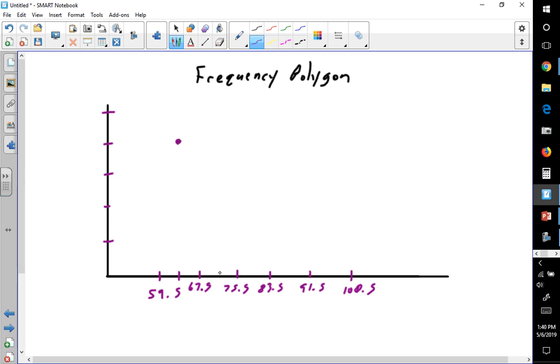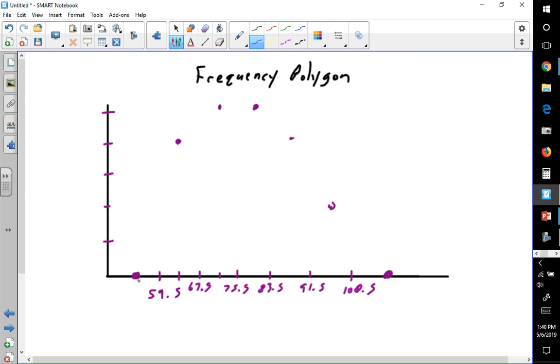The next category had a frequency of 5. The next had a total of 5. The next category had 4. The last one had 2. We always begin at 0 and end at 0 for our frequency polygon.